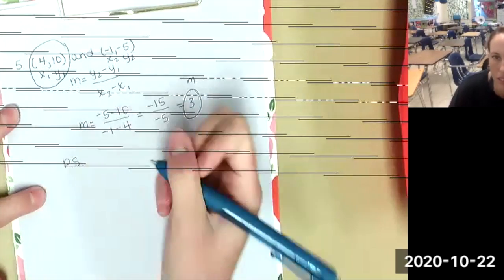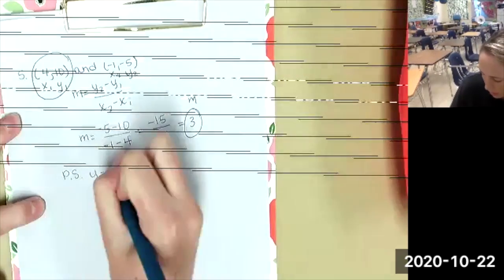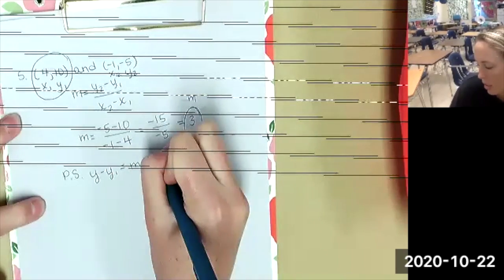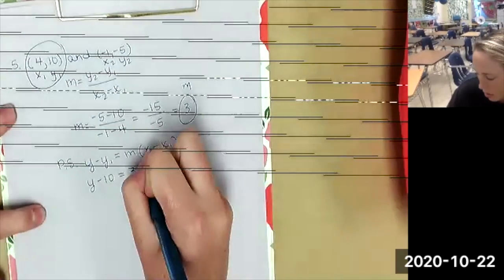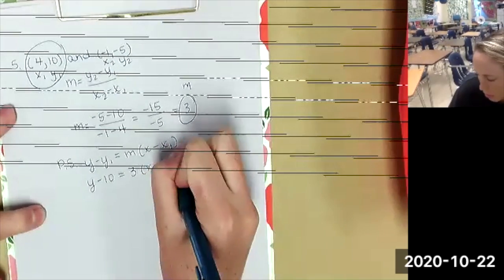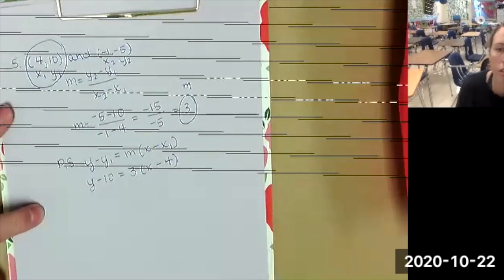So our formula for point slope is y minus y1 equals m times x minus x1. So that's y minus 10 equals 3, our slope, times x minus 4, which is our x1.